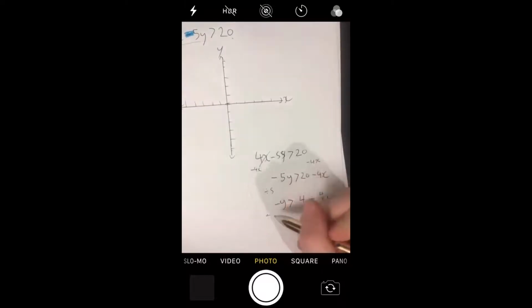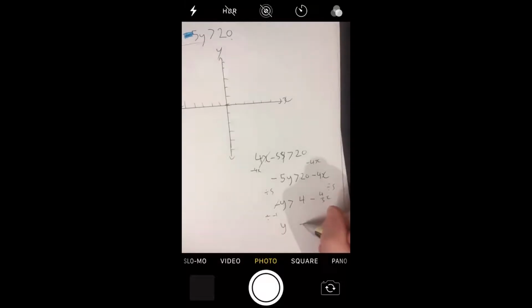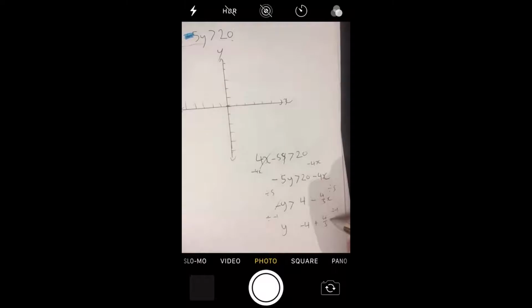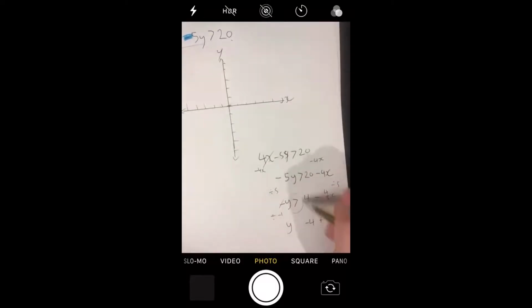When you divide by negative 1, what you would normally do is change this to be y, that would become a negative 4, and that would become a positive 4 over 5x. But there's one extra thing you've got to remember. When you divide by a negative, it also swaps the direction of the greater than or less than.